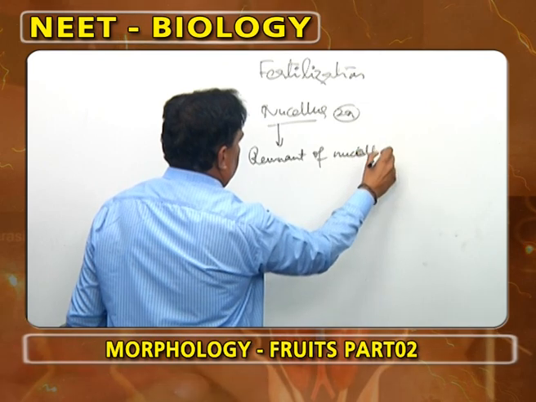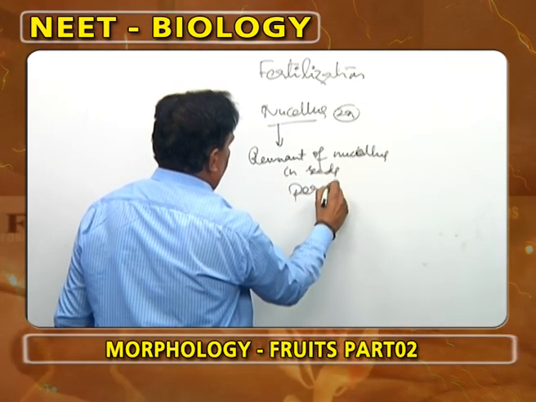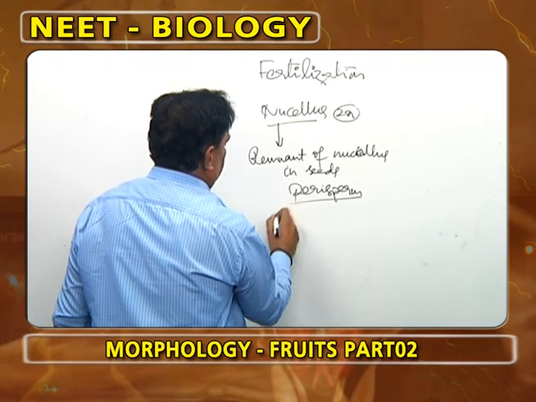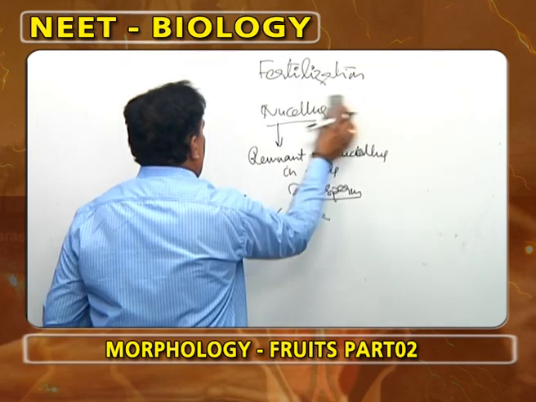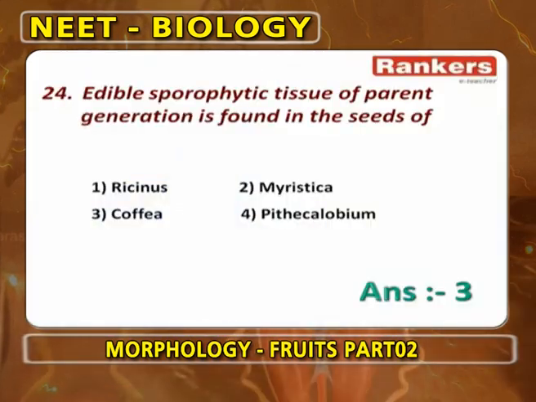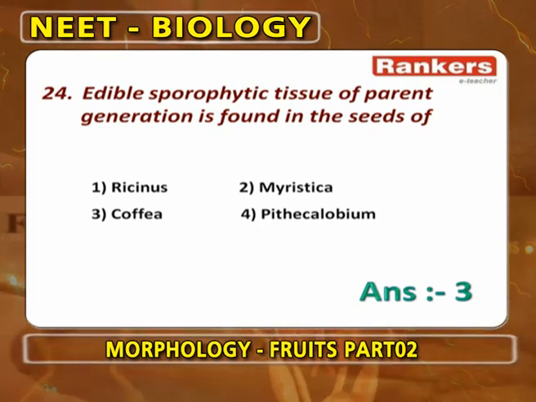The remnant of nucellus in seeds is called perisperm. So perisperm is edible in Coffea arabica. So perisperm is the remnant of nucellus, and this nucellus can be regarded as a parental sporophytic tissue. Edible sporophytic tissue of parental generation is found in the seeds of Coffea.